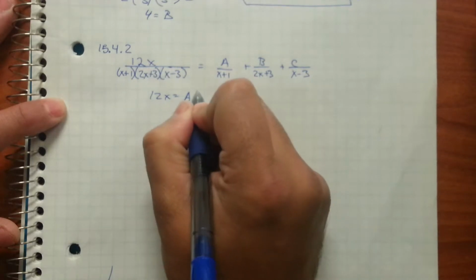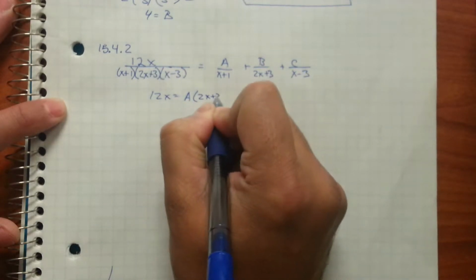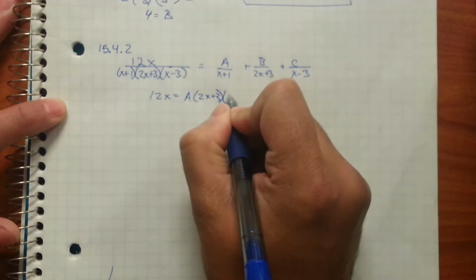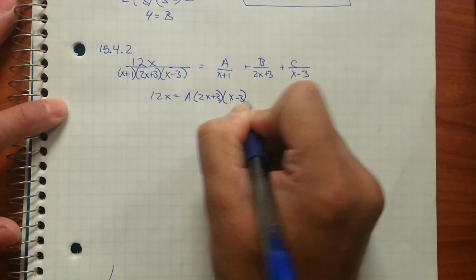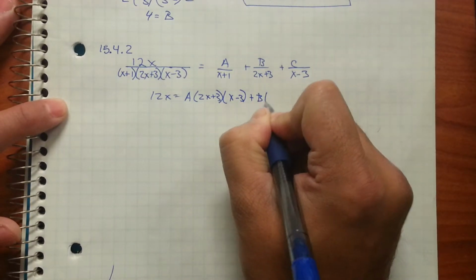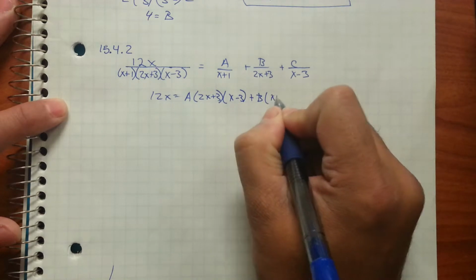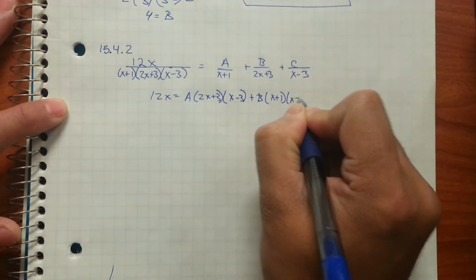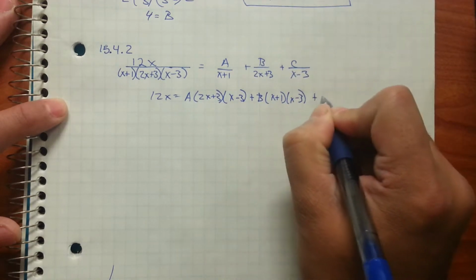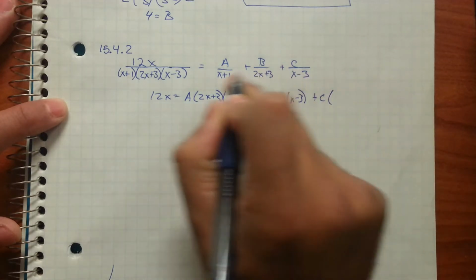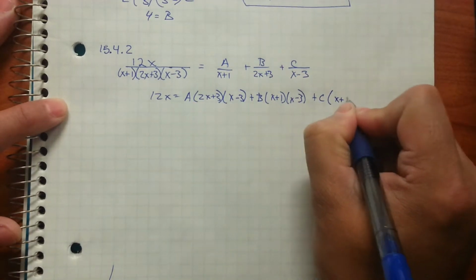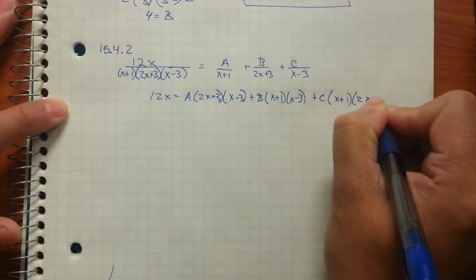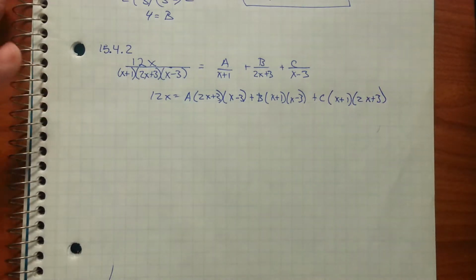So it's going to be A times 2x plus 3 and x minus 3, plus B, which needs an x plus 1 and x minus 3, plus C, which needs x plus 1 and 2x plus 3. Now, this is going to be pretty easy to get rid of a lot of this.